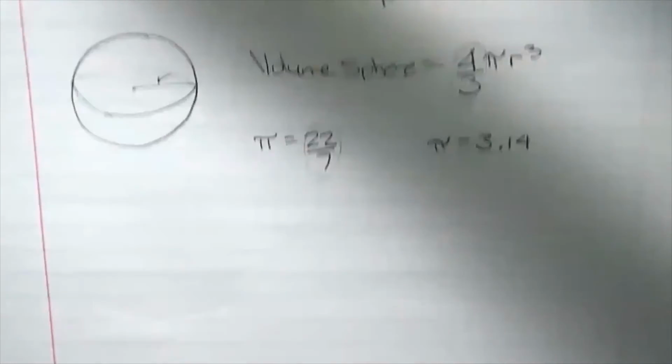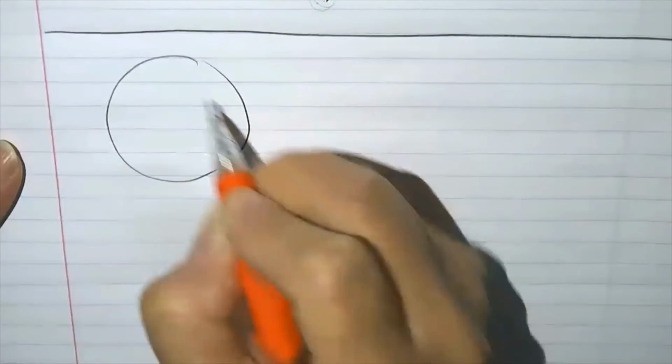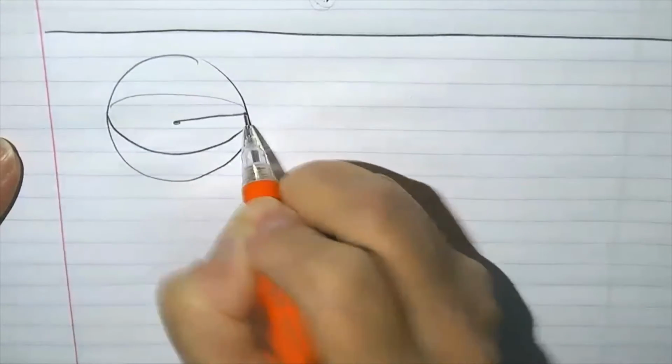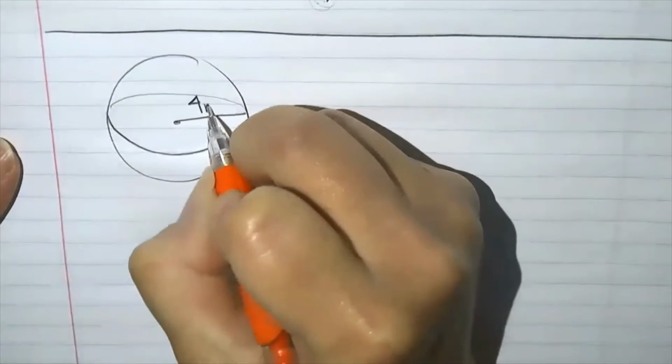So let's put all of this together. What does all of this mean? So the book has given us this sphere that looks like this with a radius of 4 centimeters. And we want to know what the volume of this sphere is.